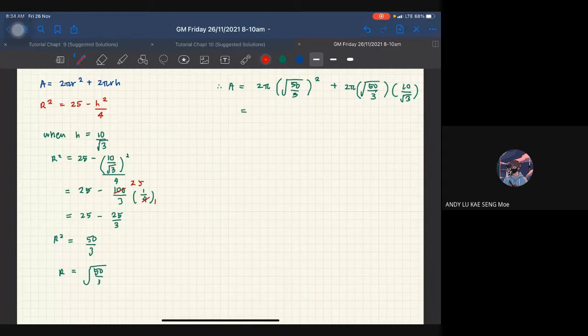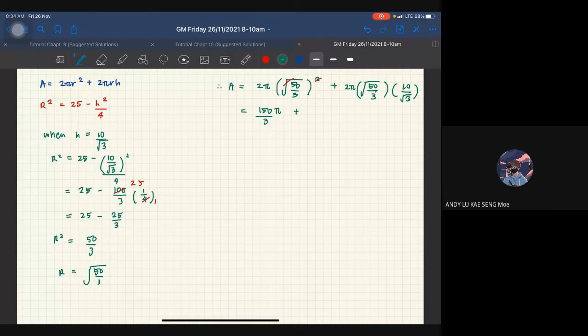Simplify lah dulu. 2 pi darab 50. 2 darab 50, 150. So 150 pi over 3. And then plus with this one awak dapat 100 over 3 cert 2 pi.